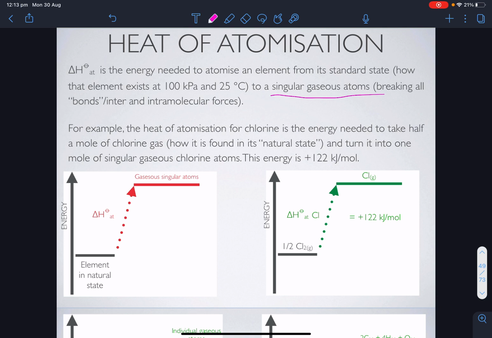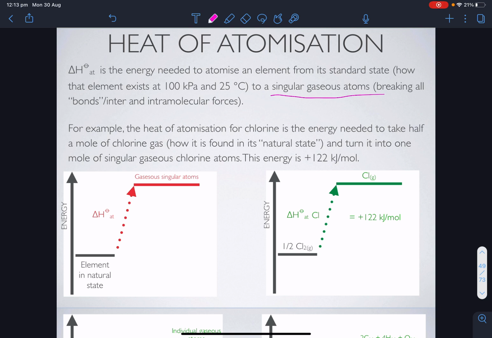It's going from where we got the energy to with the heat of formation, which is in elements by themselves at the standard temperature and pressure, and we're going all the way to singular gaseous atoms, okay?